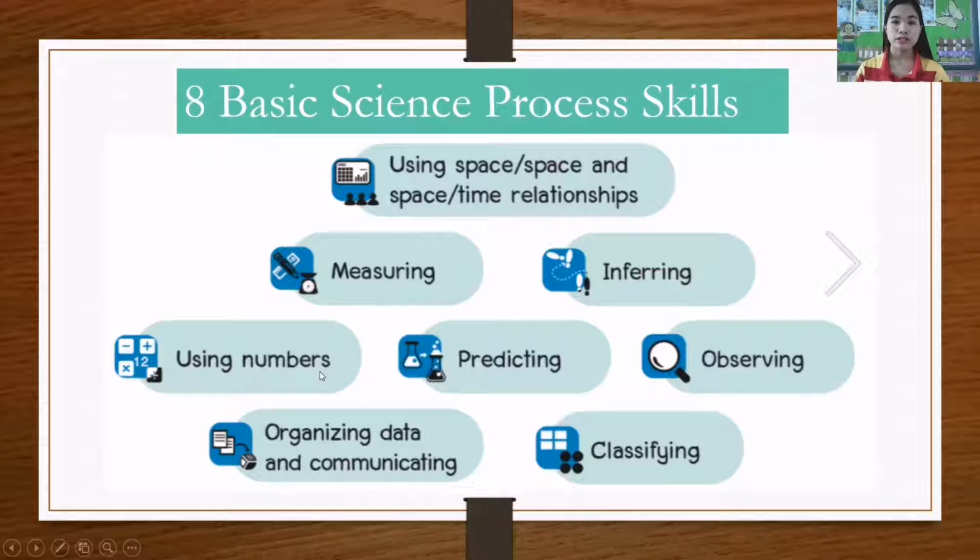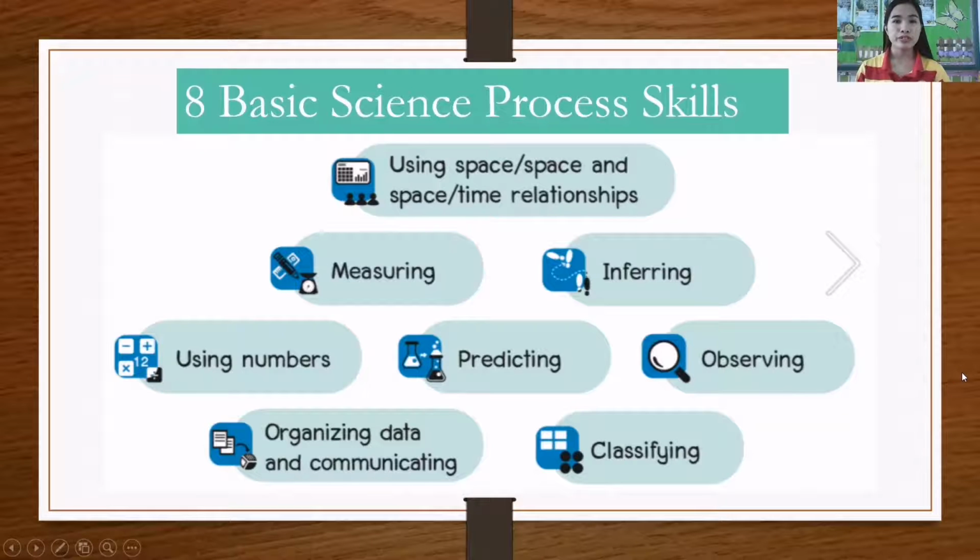Fifth, predicting. Number 6, observing. Number 7, organizing data and communicating. And the last one, classifying. So here are the basic science process skills.